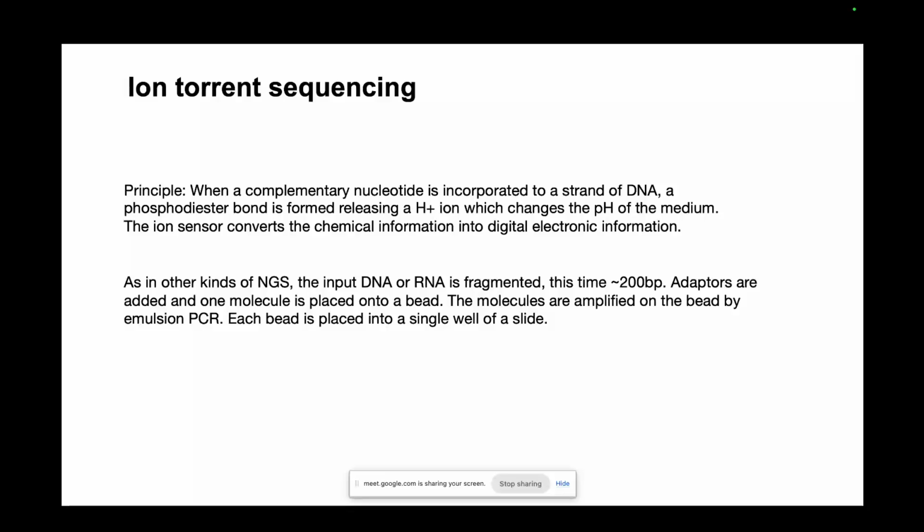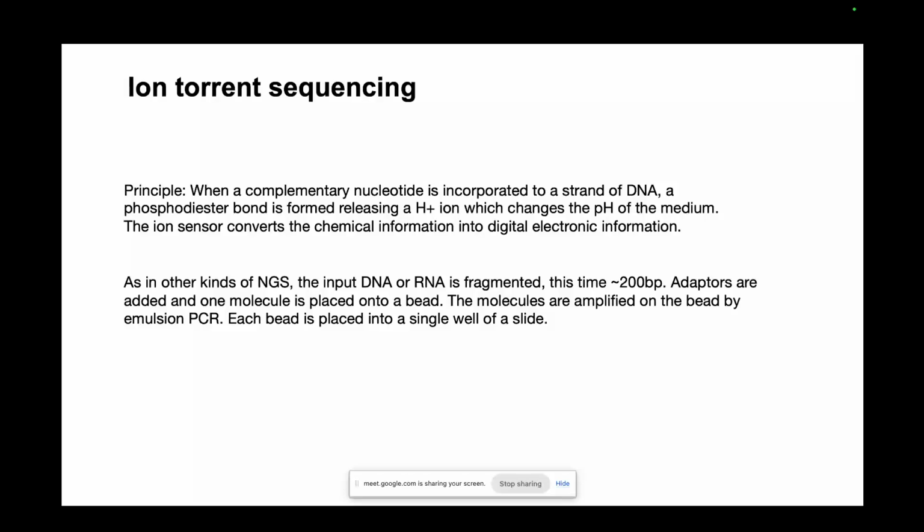Across all the technologies, if you notice, the main differences you need to remember are how you are generating the data, how you are telling that there is this base at this position. In Sanger, you did it with termination of sequencing, and then you ran it on a gel electrophoresis.